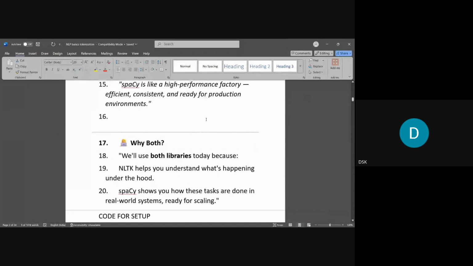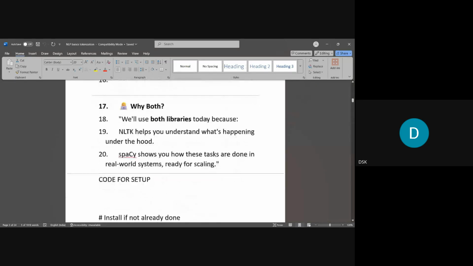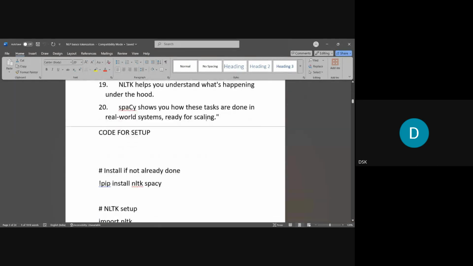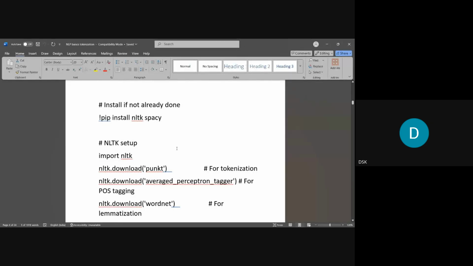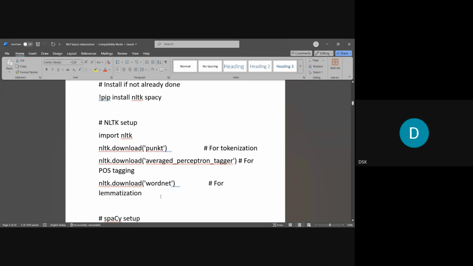So both are important. spaCy is high performance, efficient, consistent, and ready for production environments, and it comes with pre-trained models that support POS tagging, lemmatization, and named entity recognition out of the box. So that's why we'll be using both libraries. This is how you will set up. These three are required.